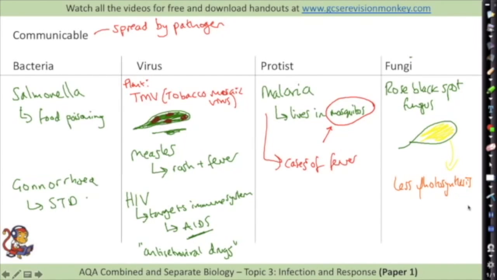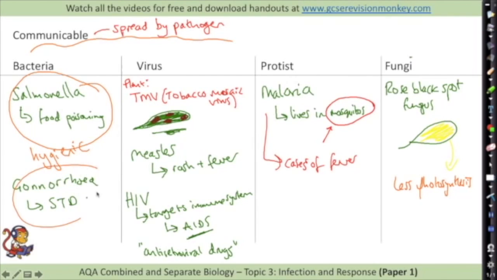So there are a number of ways that you would be able to control the spread of pathogens that cause these communicable diseases. For example, in the case of Salmonella, you're going to be wanting to be hygienic. For the case of gonorrhea, you're going to be wanting to practice safe sex and using barrier methods.